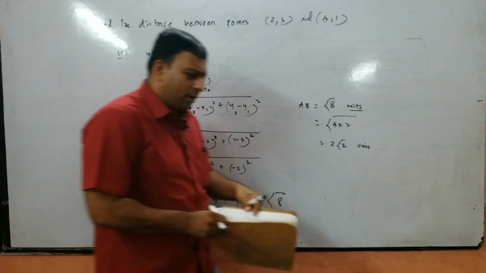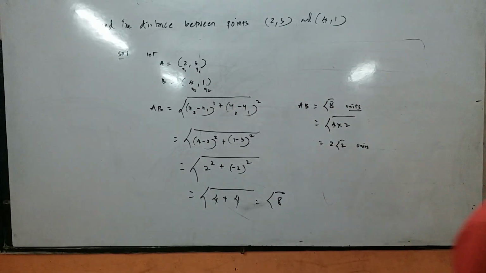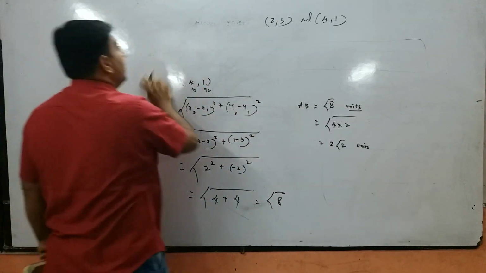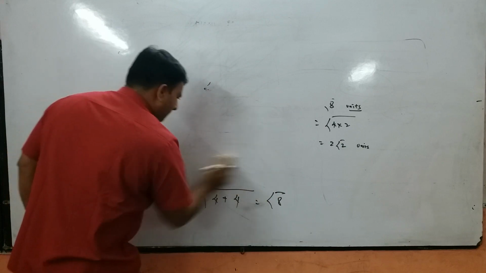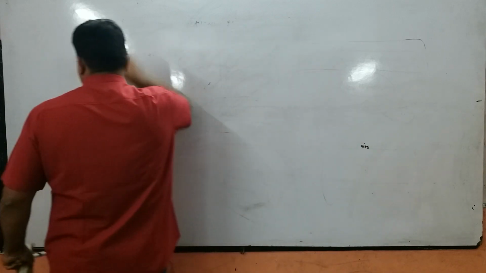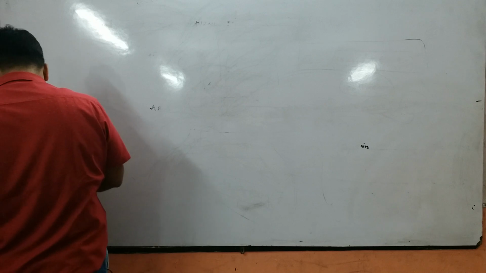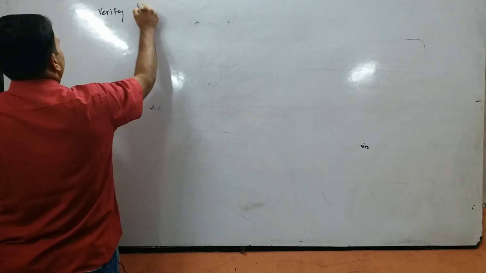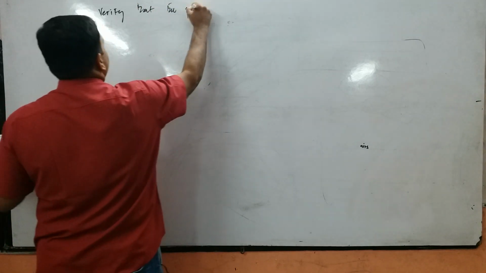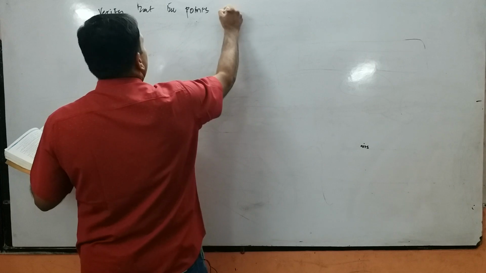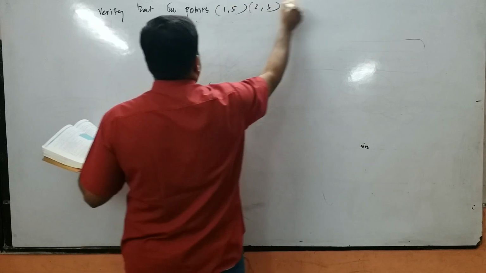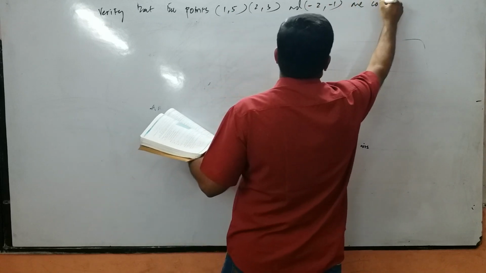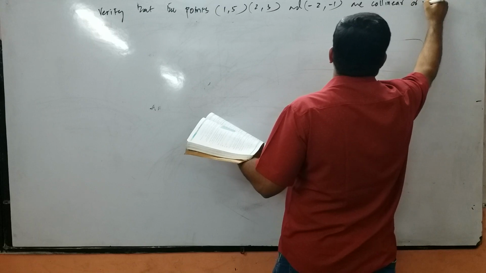Now let us take a problem based on collinearity. I will give you a set of points and we will try to check whether those points are collinear or not. Verify that the points 1, 5, 2, 3 and minus 2, minus 1 are collinear or not.